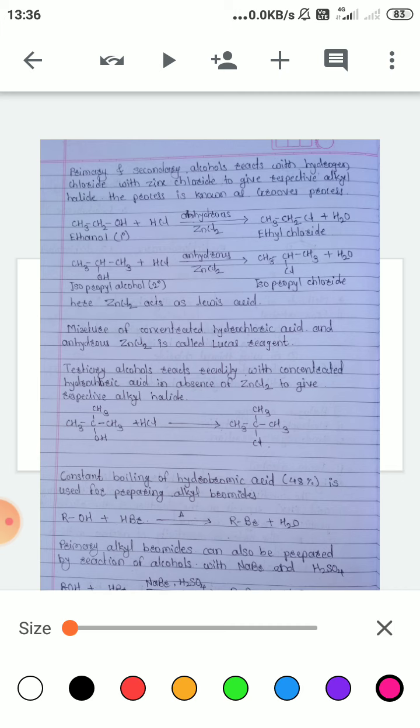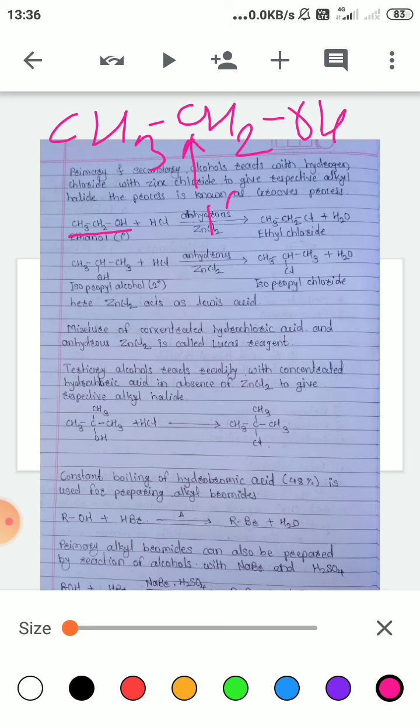So let's see the reaction. We have taken the example CH3CH2OH, that is ethyl alcohol or ethanol. It is a primary alcohol as the OH group is attached to a carbon atom which is attached to only one carbon atom, that is a primary carbon atom. Therefore this alcohol is a primary alcohol.